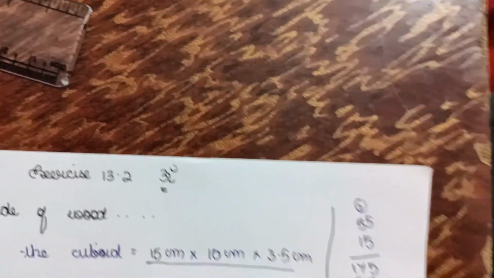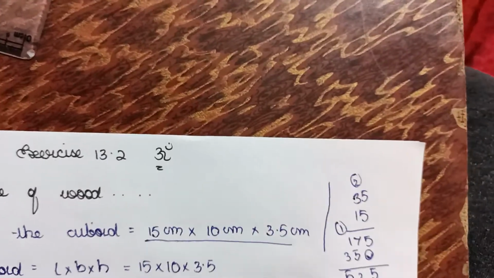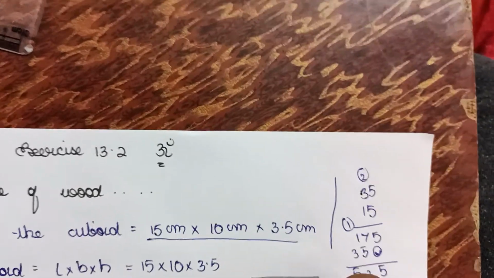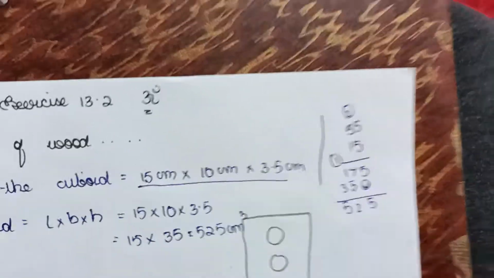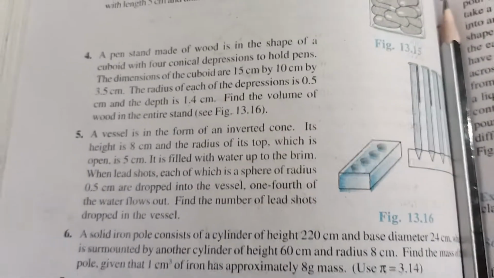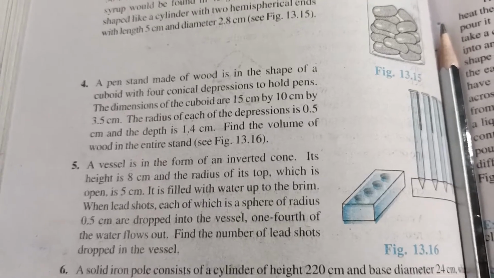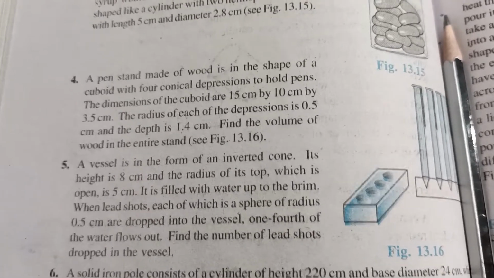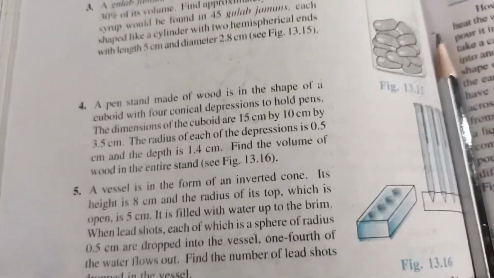So that's 525, and don't forget the units, it's centimeter cube. And given the dimensions of the cuboid we have written, the radius of each conical depression is 0.5 centimeters, and the depth, that is height, is 1.4 centimeters.